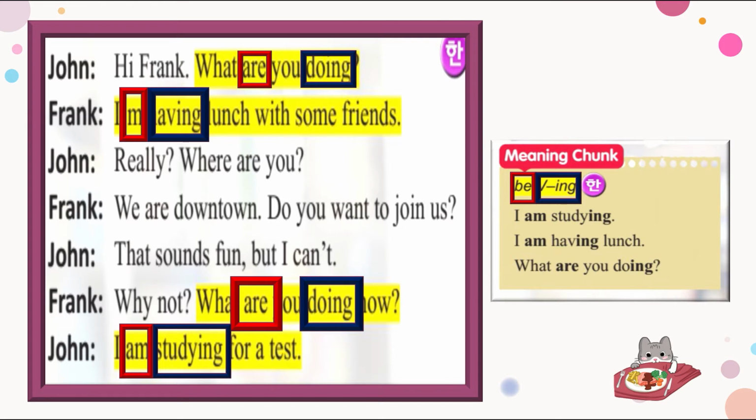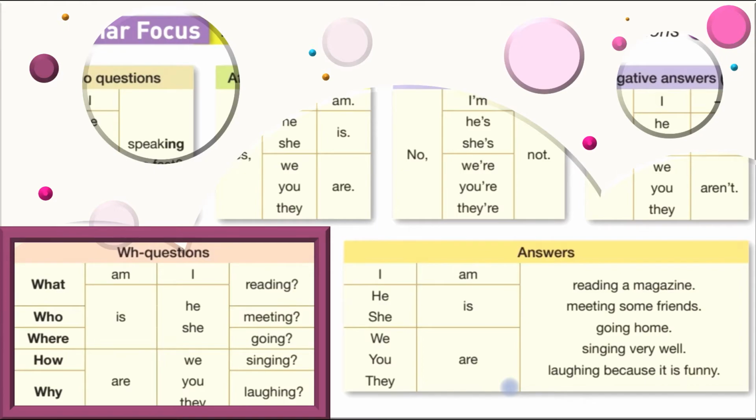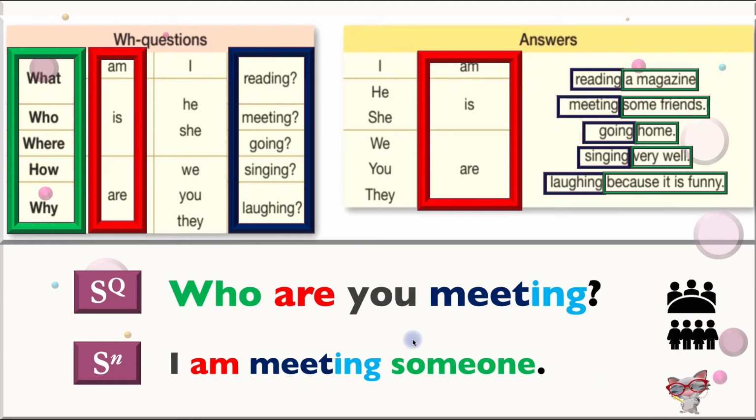So this is the grammar that the unit is looking at today, which is combining the be verb with the verb plus ing. So you can see in the grammar focus section, we have wh questions: what, who, where, how, why, and they combine with the be verb, the actor or subject, plus the action, the verb ing.